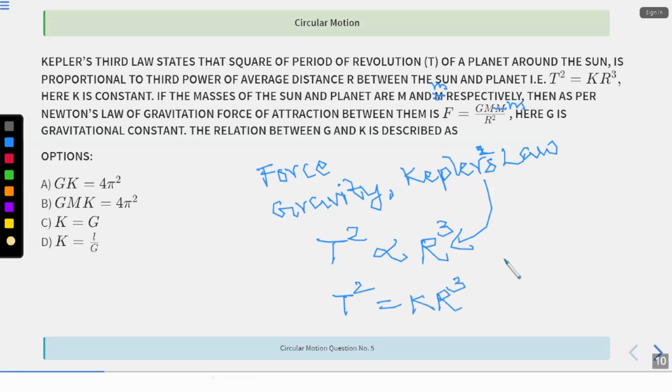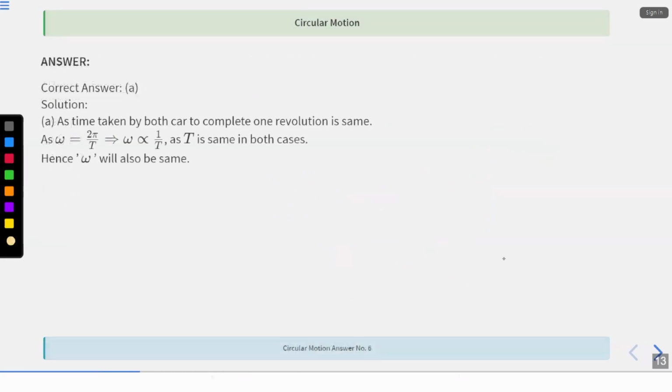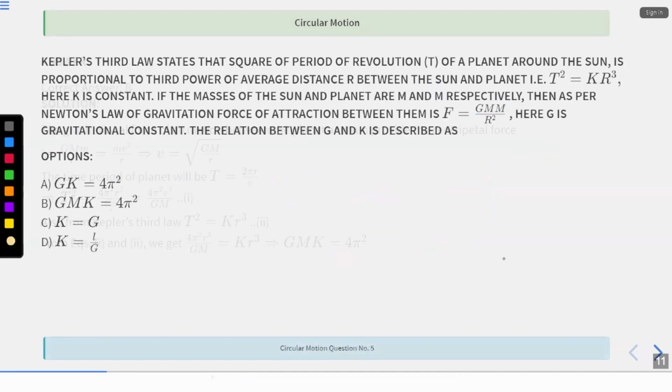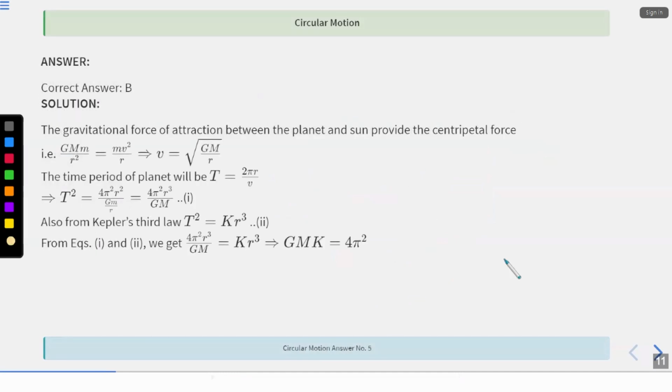And we need to find out the relation between k and this G. Okay, so how do we do that? First of all, we know that the gravitational force of attraction is equal to the centripetal force, right? So we can equate it and then we'll get our velocity over here. Okay, so basically, I equated my gravitational force with the centripetal force.